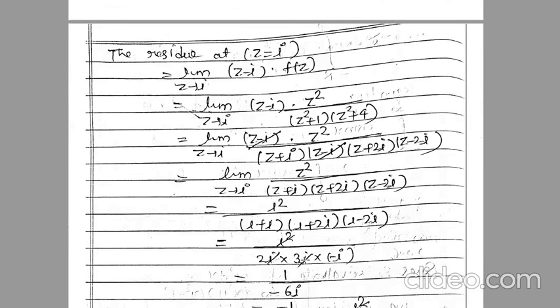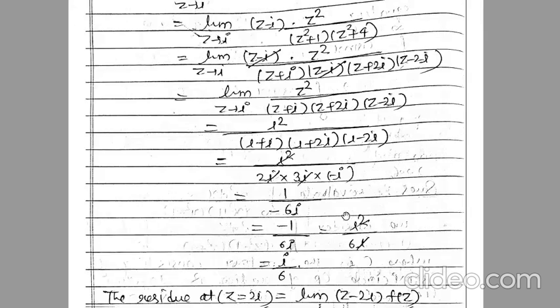Now find the residue at z is equal to iota. Because these are simple poles, we use the simple pole formula: limit z tends to iota of (z minus iota) times f(z), where f(z) is z square upon (z square plus 1)(z square plus 4). Now you can write z square plus 1 as (z plus iota)(z minus iota). So the limit as z tends to iota of z square upon (z plus iota)(z plus 2 iota)(z minus 2 iota), the factor z minus iota cancels out and you have only this one.